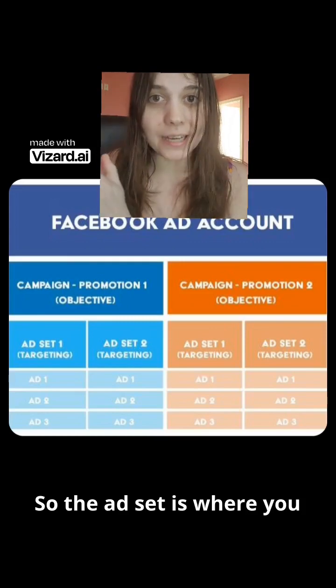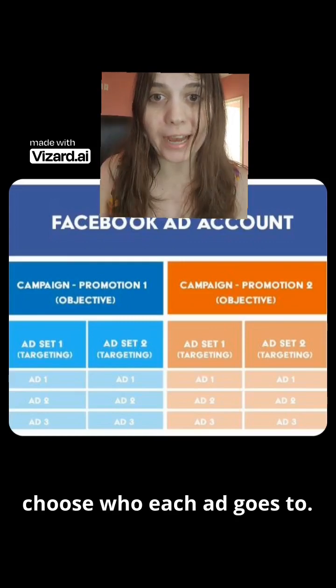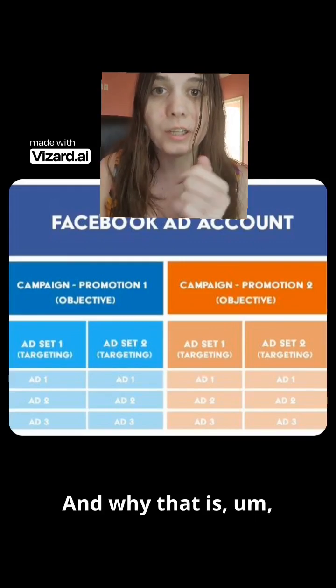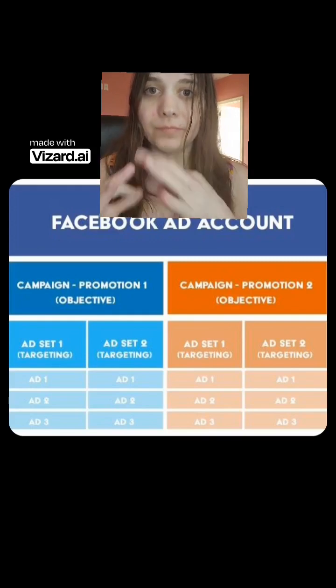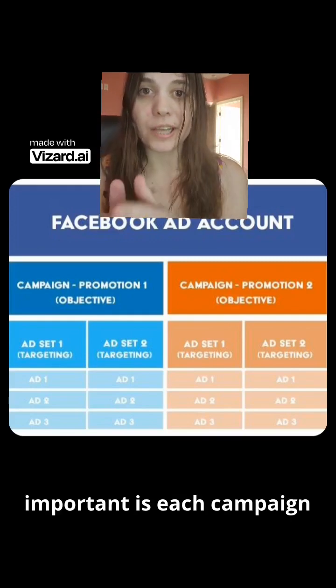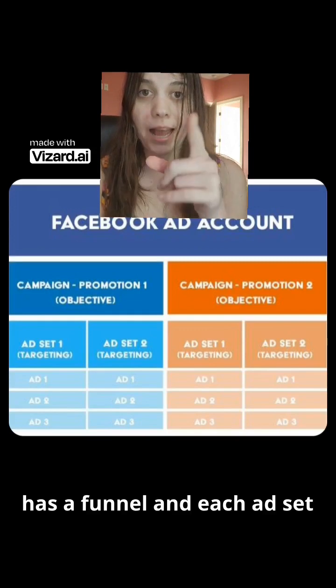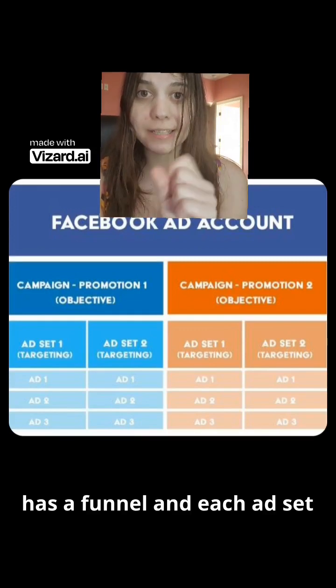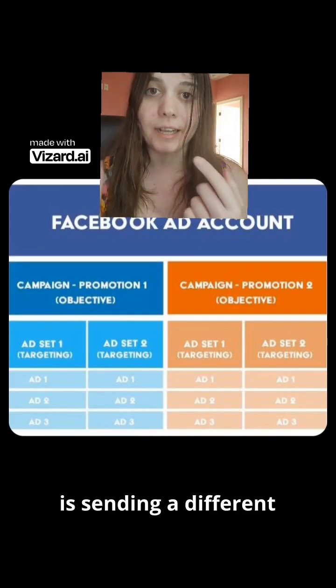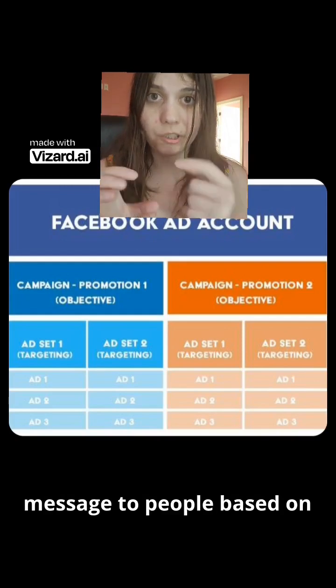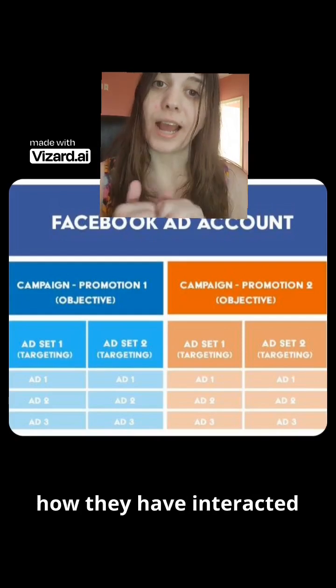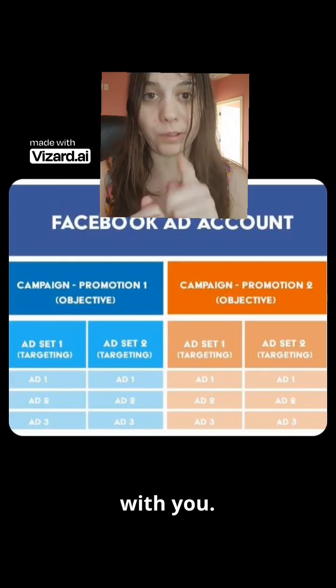The ad set is where you choose who each ad goes to. And why that is important is each campaign has a funnel, and each ad set is sending a different message to people based on how they have interacted with you.